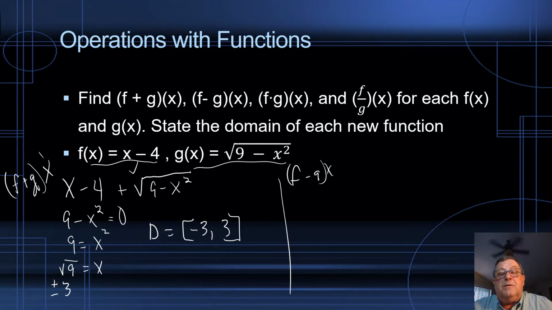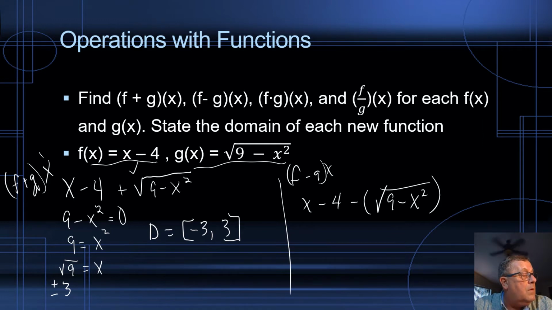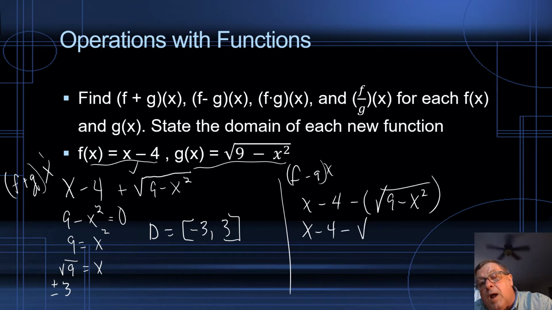All right, f minus g of x, well, we're just going to subtract these, so I would have x minus 4 minus g of x, which is the square root of 9 minus x squared. And I could actually just drop the parentheses, where it would just read as x minus 4 minus the square root of 9 minus x squared.